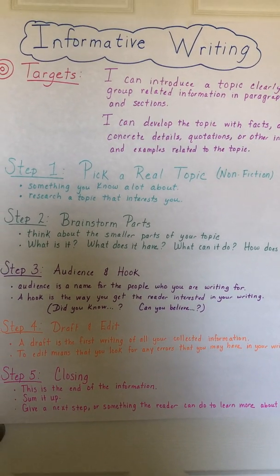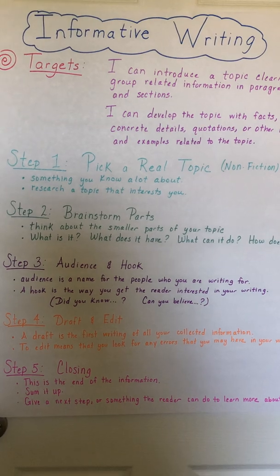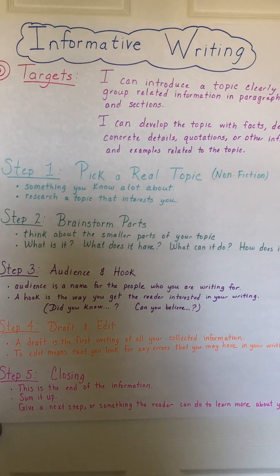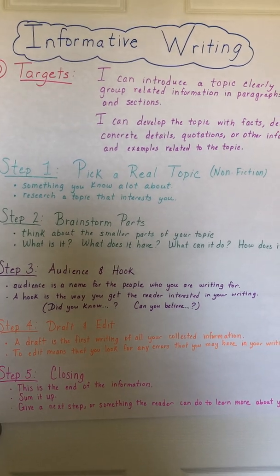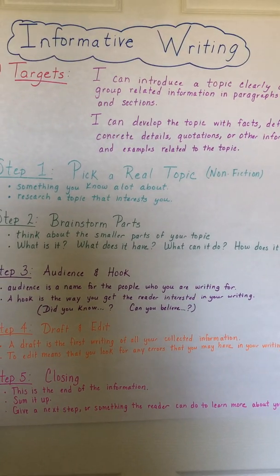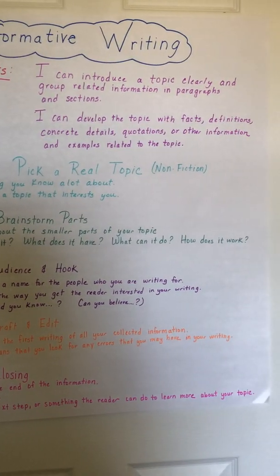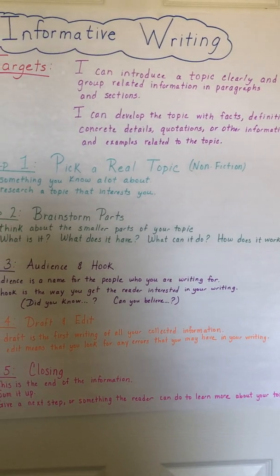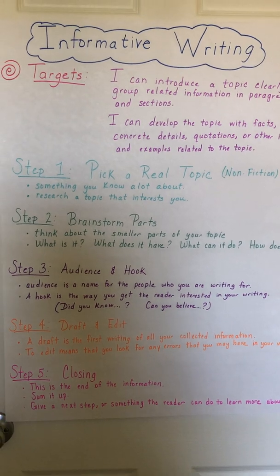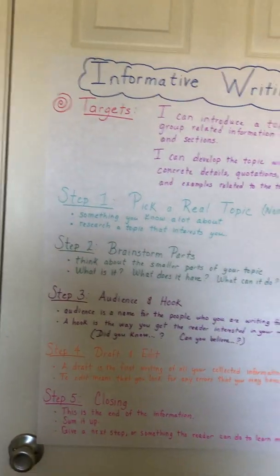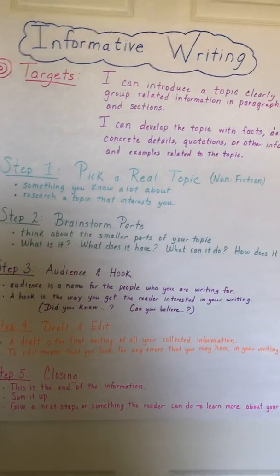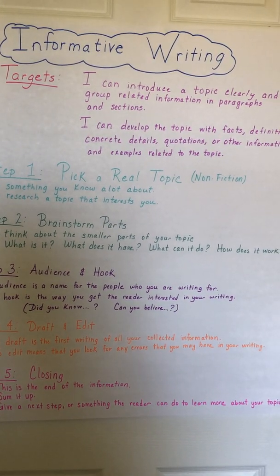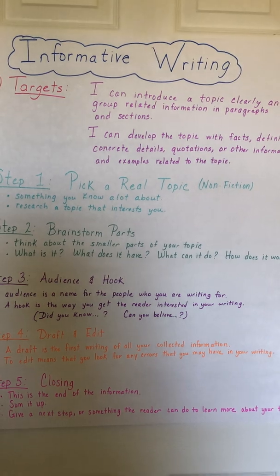So think about your big idea or your big topic, and then think about what kinds of smaller things or smaller parts can I tell my reader about. All right. What is it? What does it have? What can it do? How does it work? So those are some questions to start thinking about with your topic. All right, so those are the first 2 steps, and they're really, really important to get your brain thinking about what it is you want to write about.